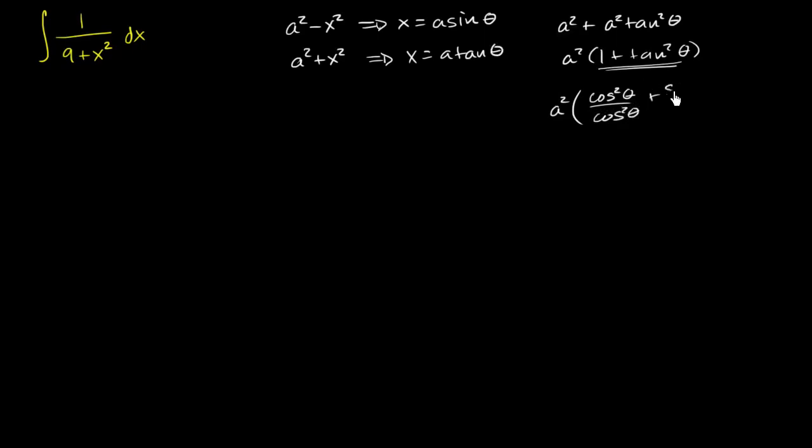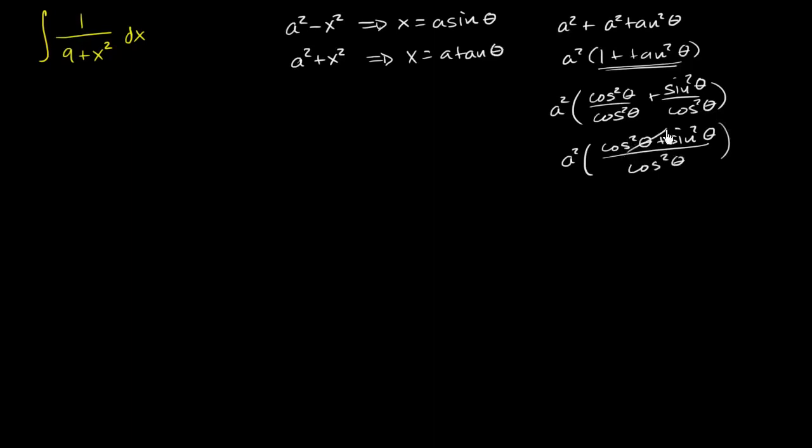Tangent squared is sine squared theta over cosine squared theta. I picked cosine squared as the denominator so that I can add the two. This becomes a squared times cosine squared theta plus sine squared theta, all of that over cosine squared theta.